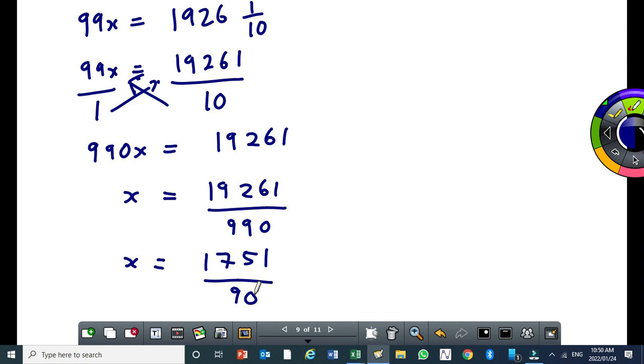Whenever you're converting a recurring decimal to a common fraction, you can verify if your answer is right or wrong. So I want you to put this in your calculator, convert it to a decimal on your calculator. 1,751 divided by 90. Convert it to a decimal.